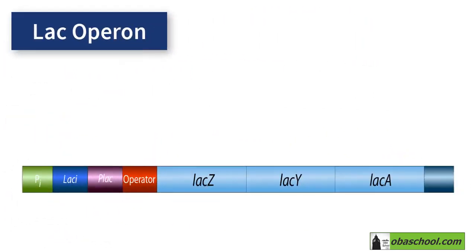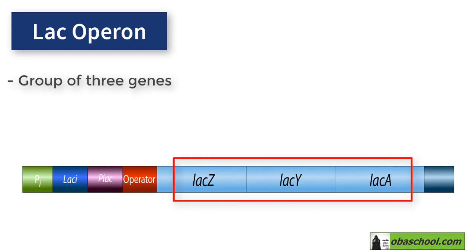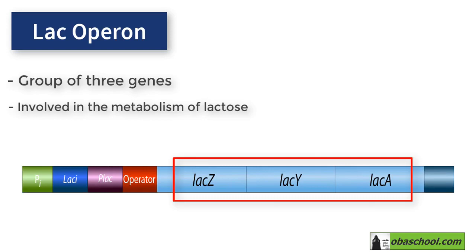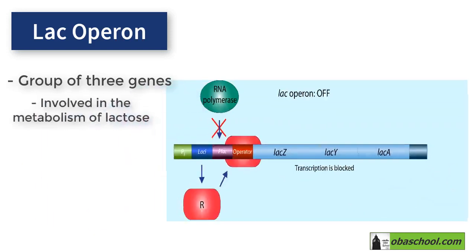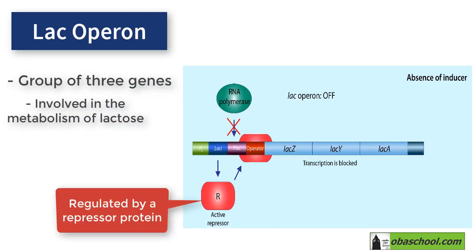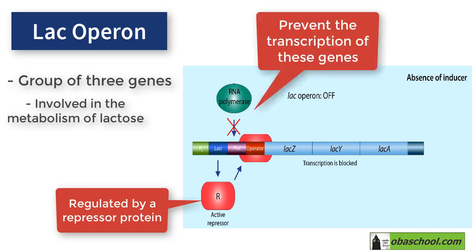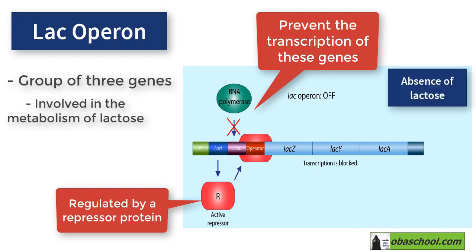Another regulation that happens at the transcriptional level is the lac operon. The lac operon is a group of three genes, LacZ, LacY, and LacA, involved in the metabolism of lactose. These genes are regulated by a repressor protein that prevents the transcription of these genes in the absence of lactose.